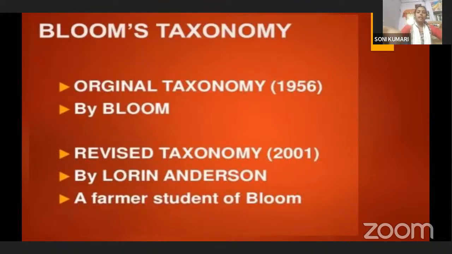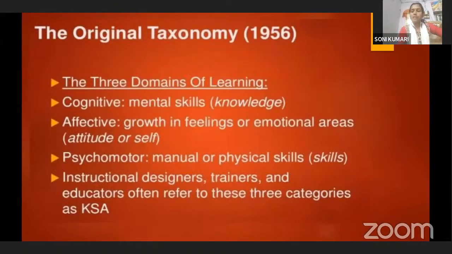Now I have the original taxonomy, developed in 1956 by Benjamin Bloom. He developed three domains of learning. The domains are cognitive, affective, and psychomotor. The cognitive domain is also called mental skills, the knowledge-based, mental-based model.